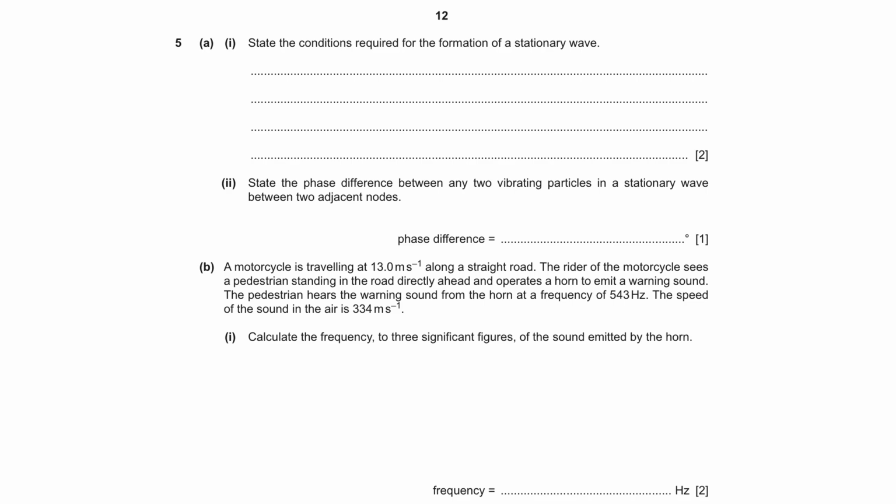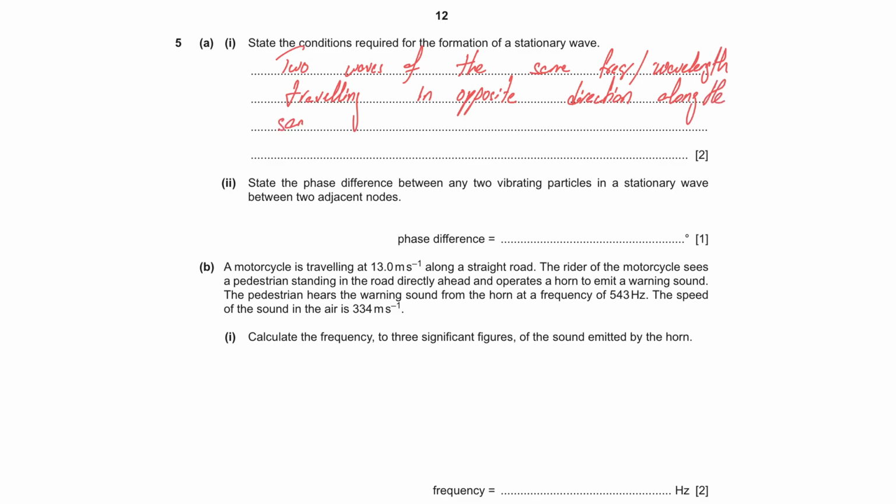For the formation of a stationary wave, you need two waves of the same frequency/wavelength traveling in opposite directions along the same line and overlapping.